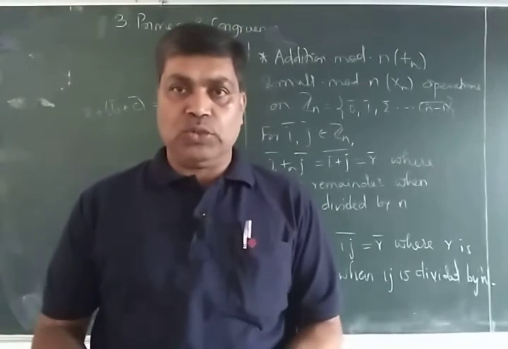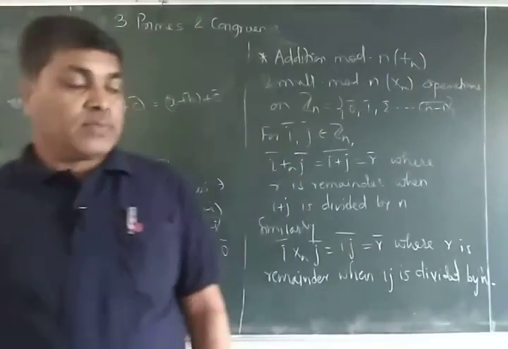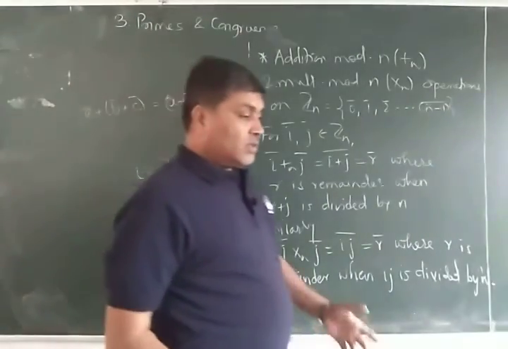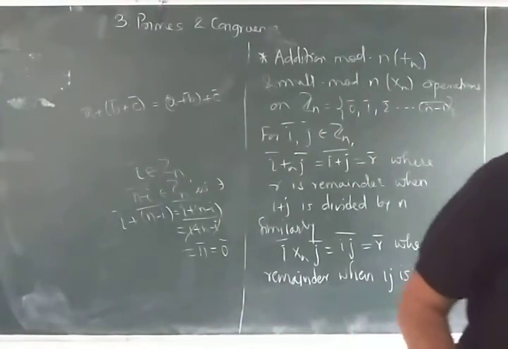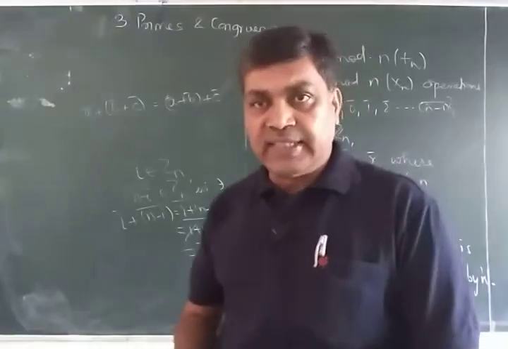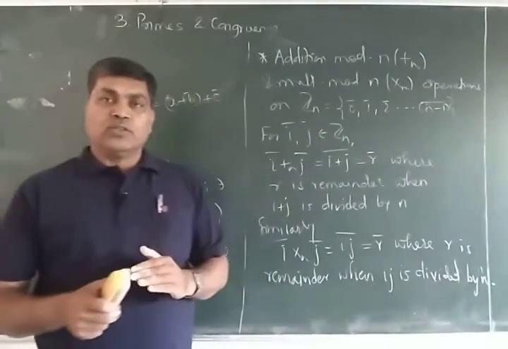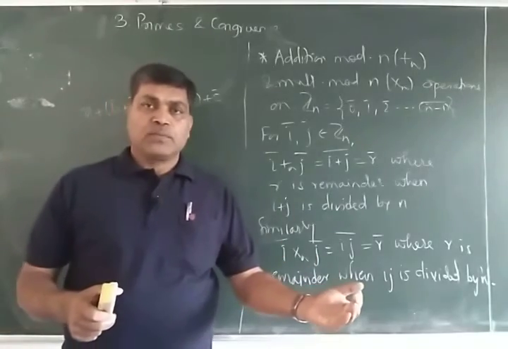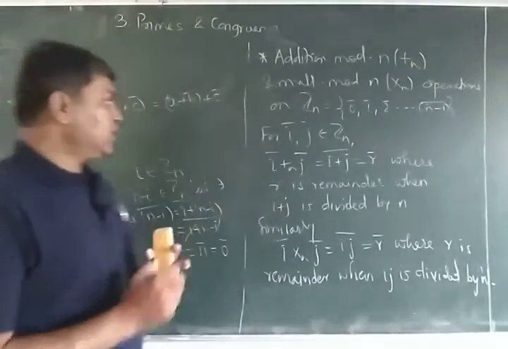Distributive laws also hold here. Because multiplication distributes over addition, a into b plus c is equal to ab plus ac. That holds in integers, so it must hold for multiplication modulo n and addition modulo n.